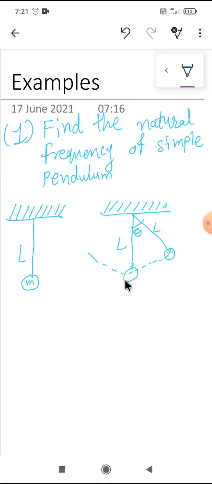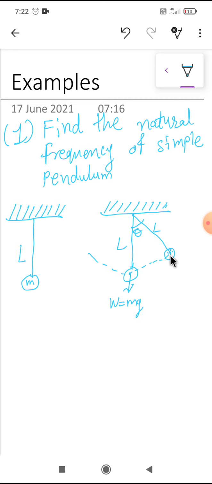So let's calculate the forces on the system. The first force on the bob will be the weight, that is mg, mass into gravitational acceleration, which will act in the downward direction.